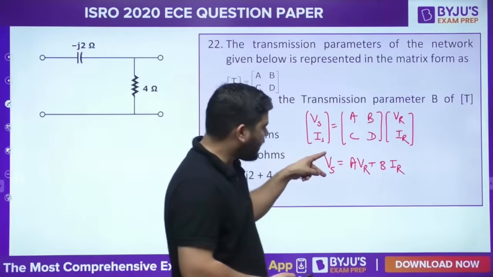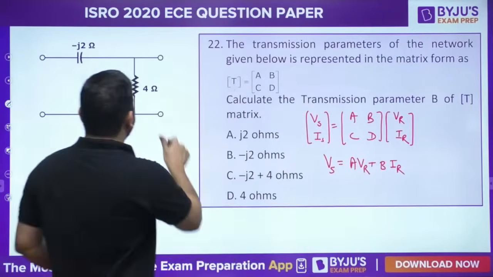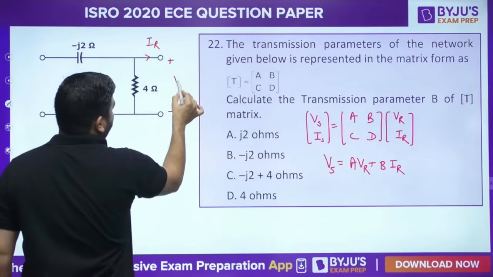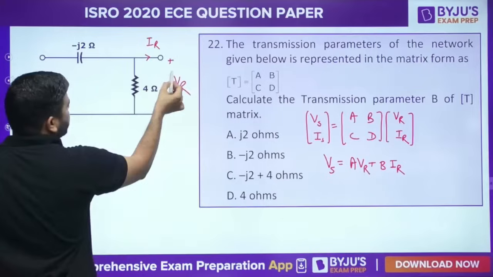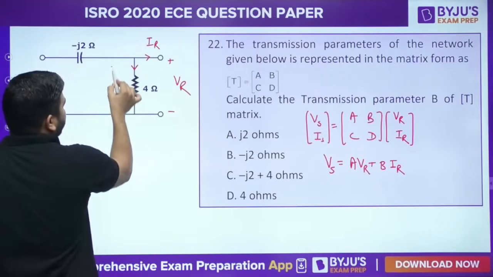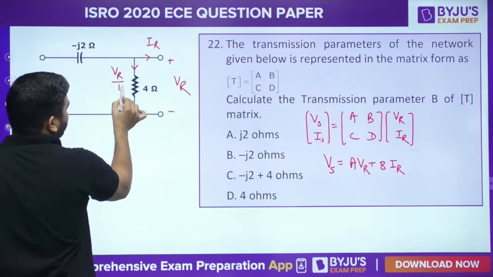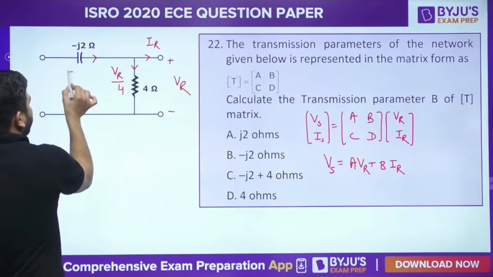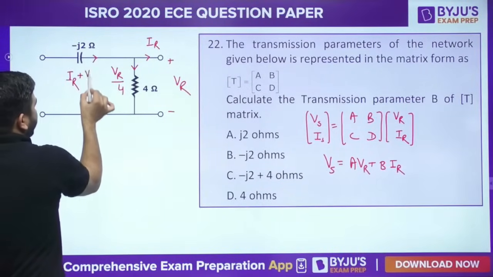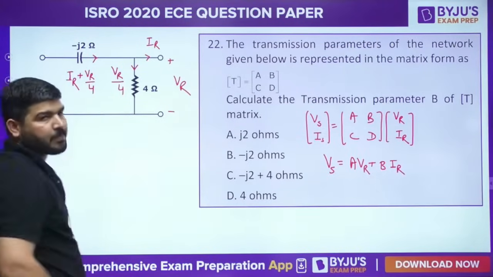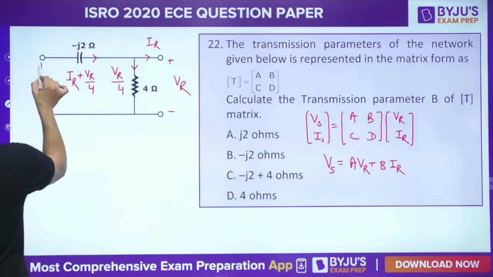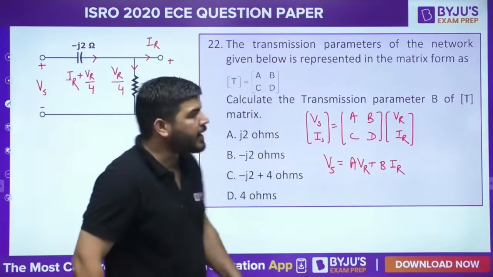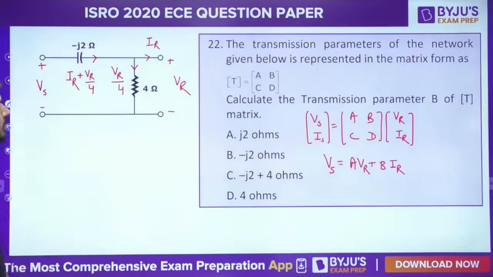It means first you have to write Vs in terms of VR and IR. We know that this current is IR and this voltage is VR. So if this voltage is VR, then this current has to be VR by 4. And this is IR. So this current has to be IR plus VR by 4. Fine. And this voltage is Vs. Now you can apply the KVL.